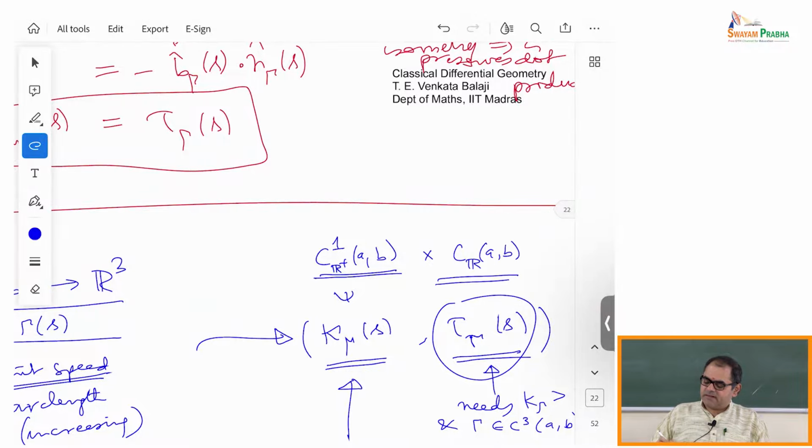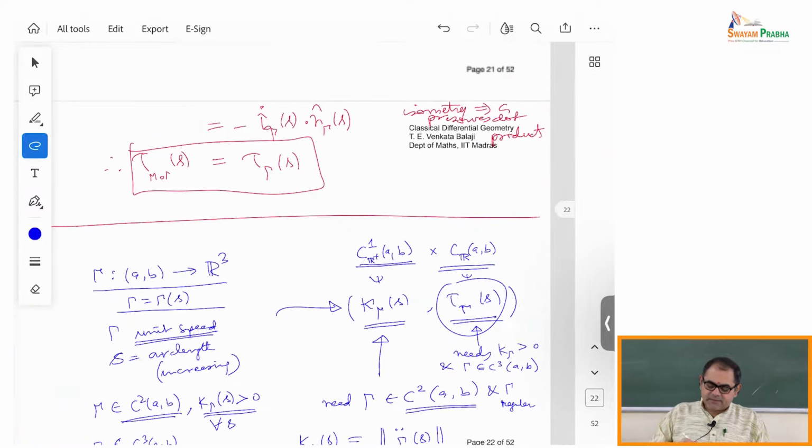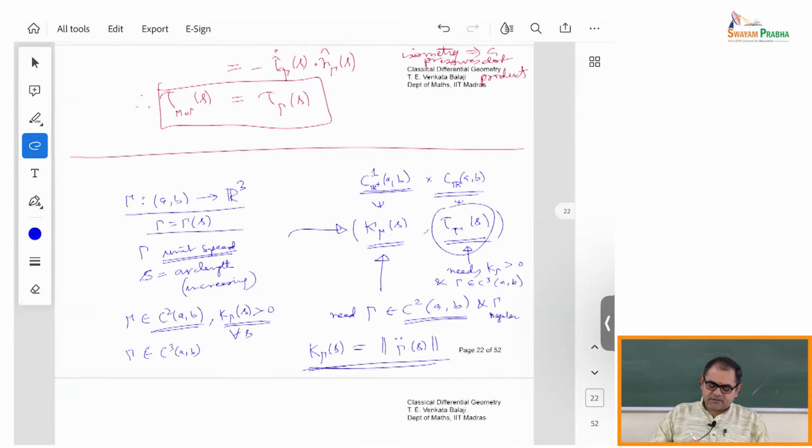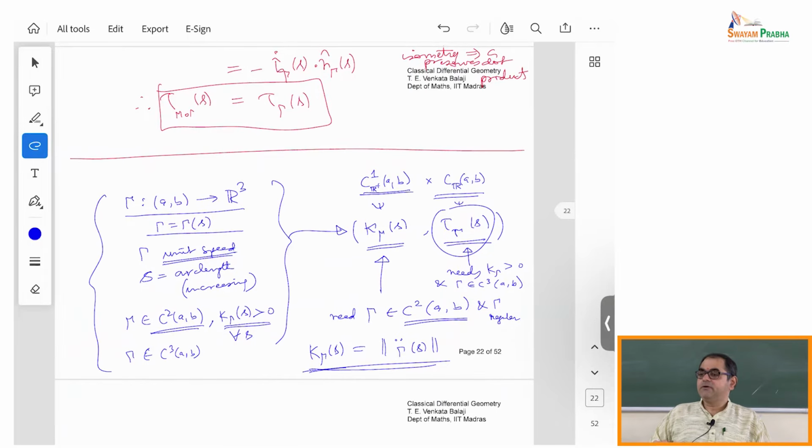So this is how you get a map like this. What you are doing is that you have to take the set of all curves like this, okay. You have to put all these conditions, all right. And of course, if you intersect these two, third continuously differentiable functions are contained in second continuously differentiable functions. They are a smaller subset. So finally, you need only this condition: gamma should be in C3.